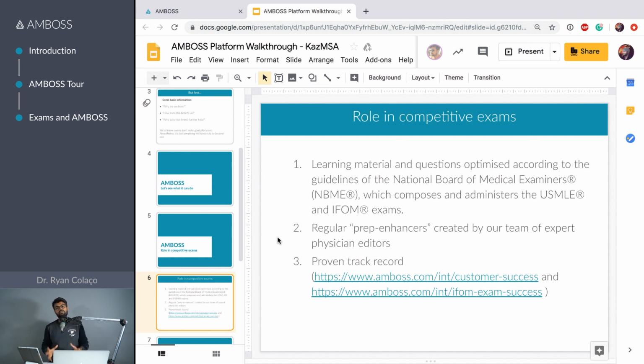And thousands of international medical graduates have scored higher than the average. The fact is that over the past 3 years, exam takers that have used AMBOSS, for example, for Step 2 CK, have always scored 15 points higher than the rest.